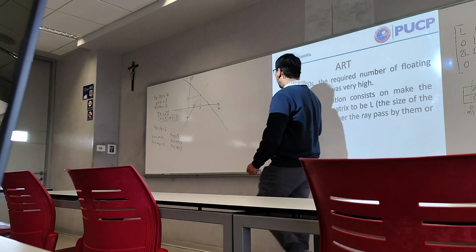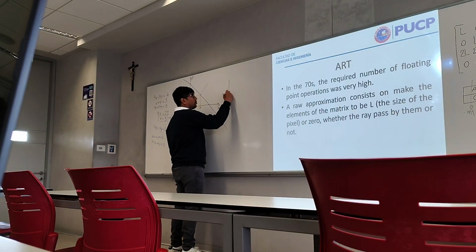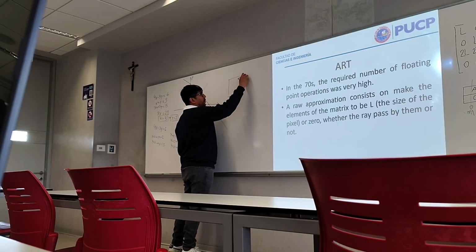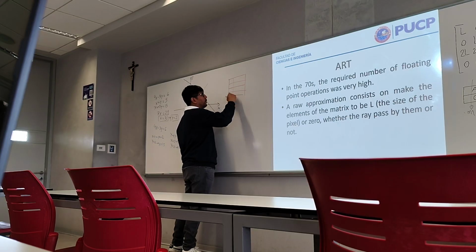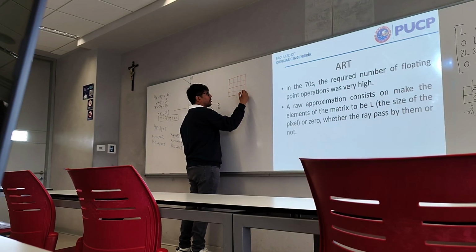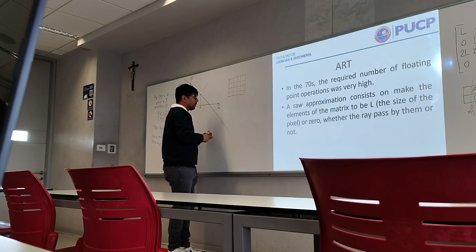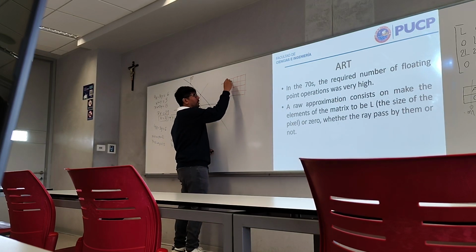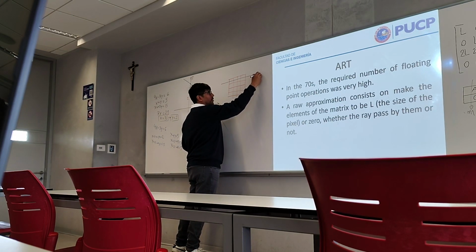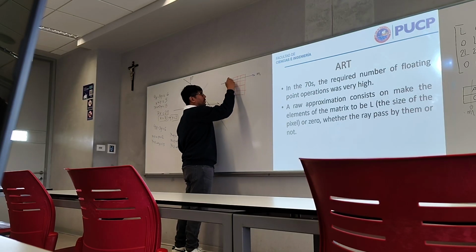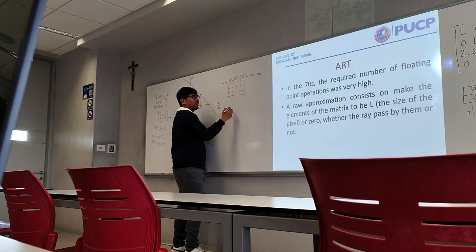And this algorithm is also saying that, for example, imagine that we have something like this, 4 pixels by 4 pixels, 16 pixels. So we have one ray that crosses this, and let's say this A, B, C, D. This equation will be how much?